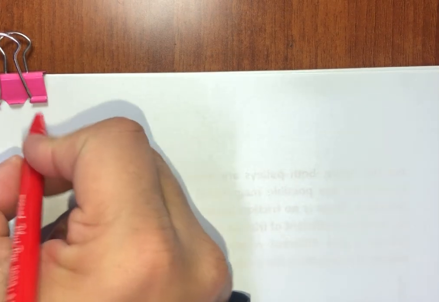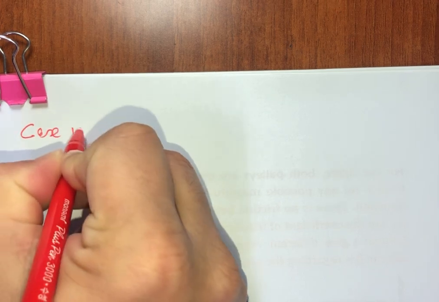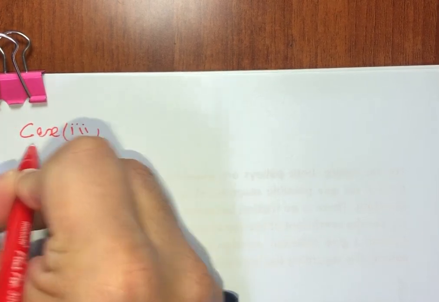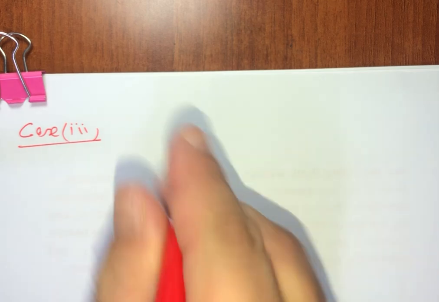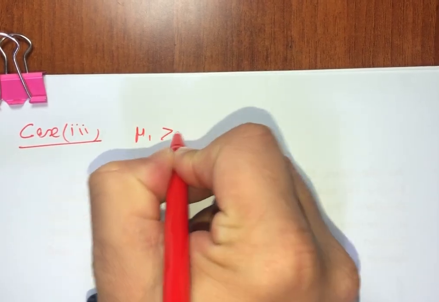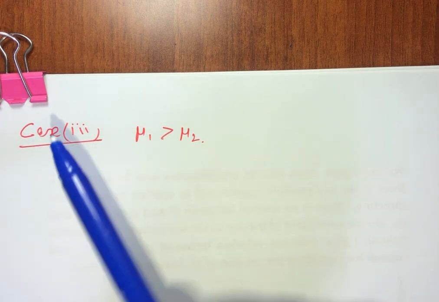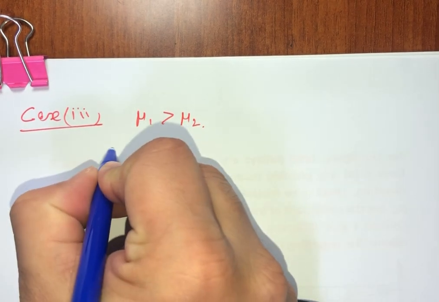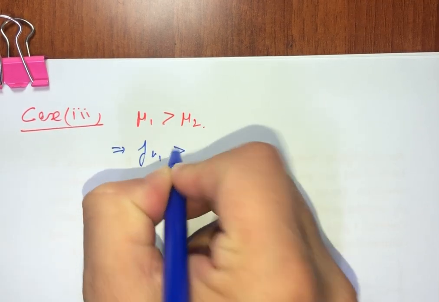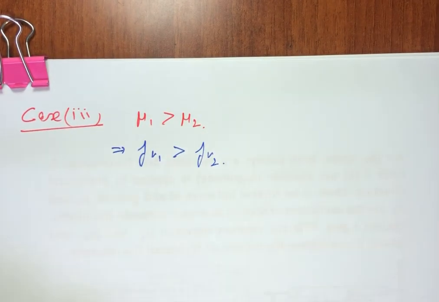Now we come to case 3. Case 3 states that mu1 is greater than mu2. So if mu1 is greater than mu2, then we can say that the frictional force FR1 will be greater than FR2.